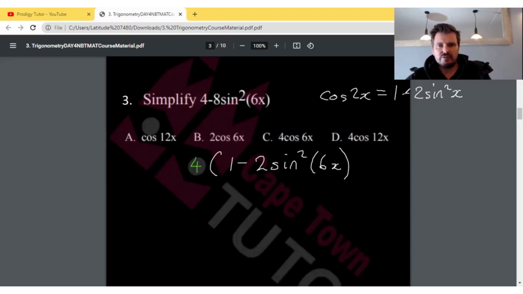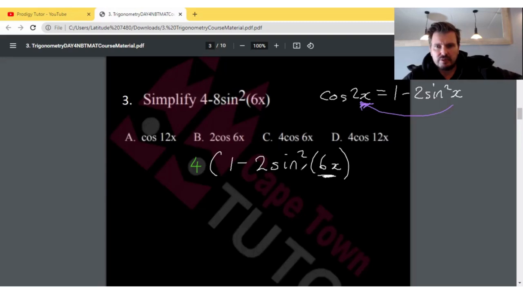So what do we have to do? We have to change this to cos 2x, right? So the 6x, well, what happens when we go from x to 2x? What's happening there? It's doubling, right?